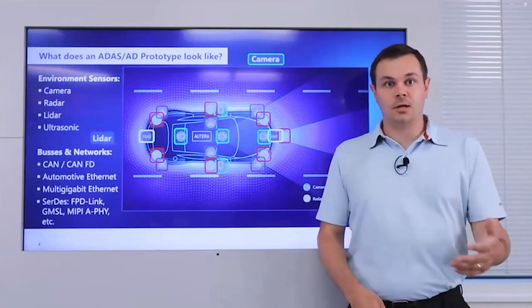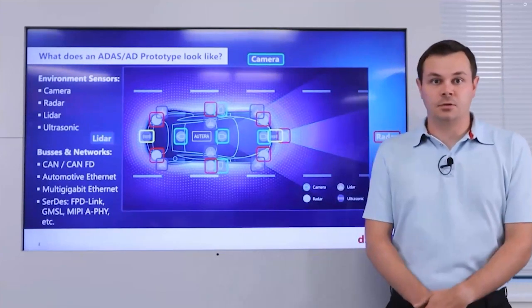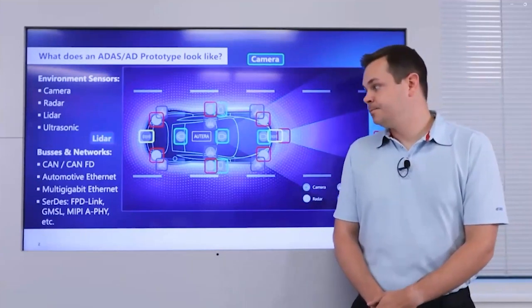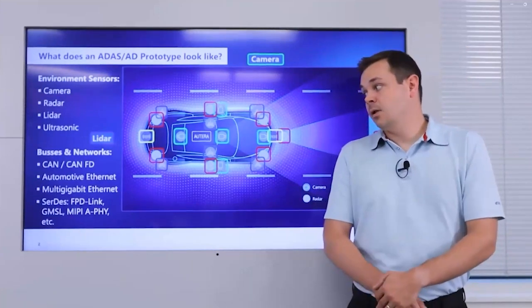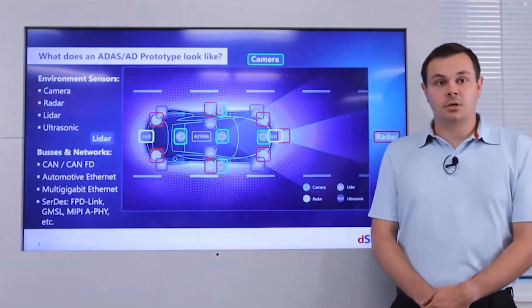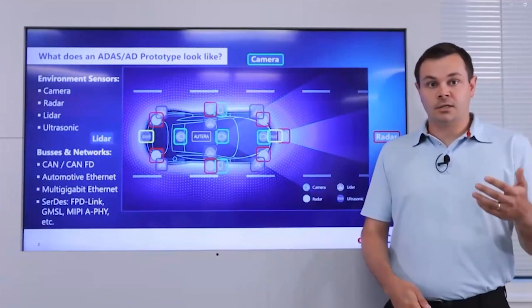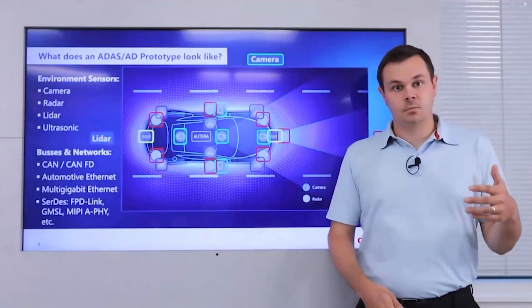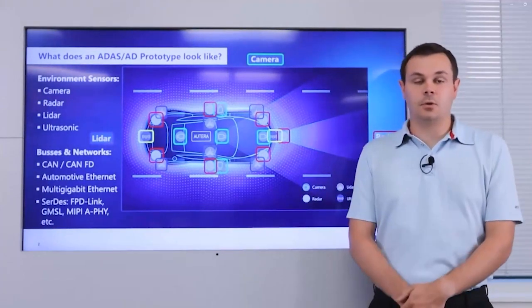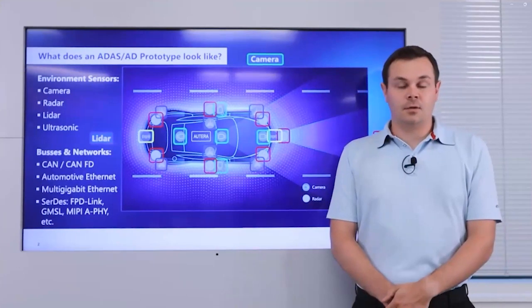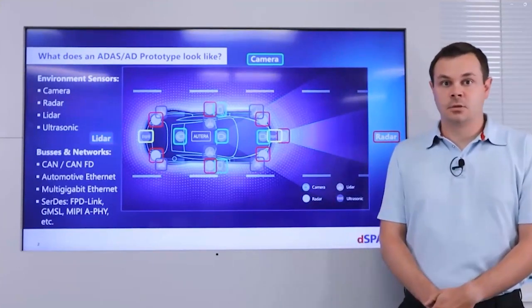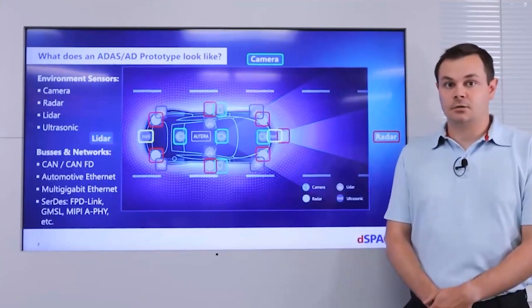And these are going to be for your radars and LiDARs, and occasionally if you have some sort of gigabit vision camera. And lastly, we'll have our serializer, deserializer, I/O types. These are going to be your GMSL, FPD-Links, MIPI A-PHYs, and traditionally, at least, these are used for cameras, though we have seen some radars also using this I/O type.